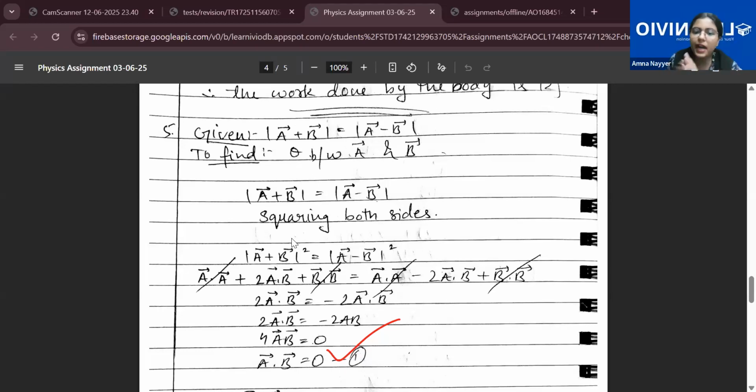Now, you know the magnitude is missing. You can apply this also, or straight away without this also if you want. What you can do is you can write the values of the vector. How do you write the magnitude of the vector? You write the magnitude of the vector as under root of a square plus b square plus 2ab cos theta.